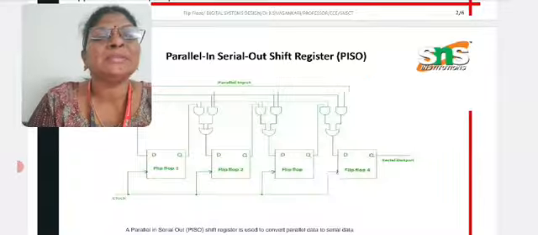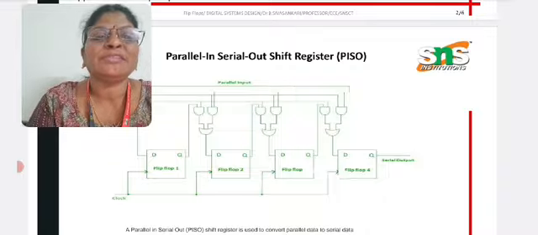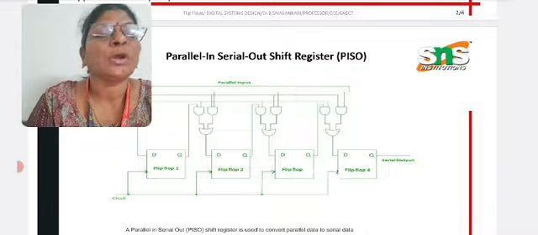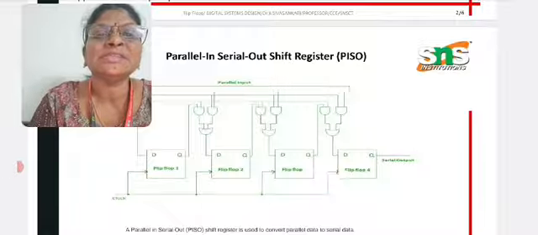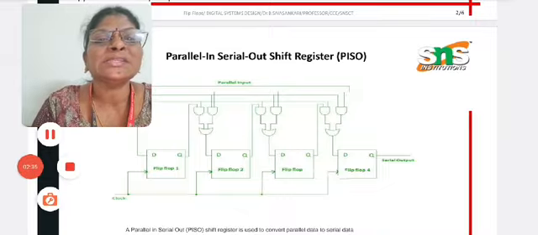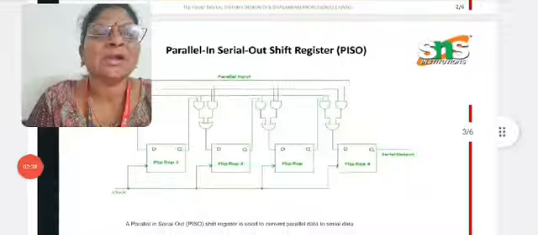Sorry, parallel input and serial output. So the inputs are given in parallel to each flip-flop and it is driven by the clock pulse. So the output will be received in serial. So this is parallel in serial out.